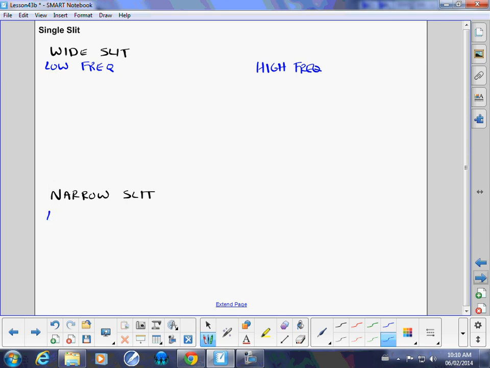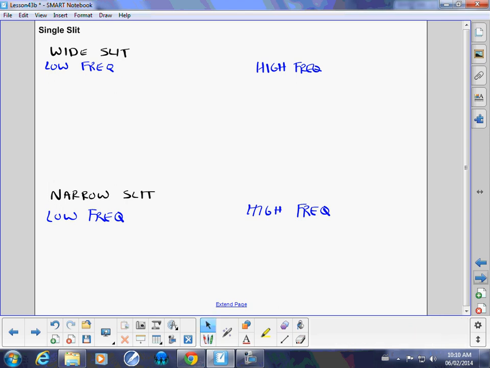We're going to do that for both the wide and narrow slit. Each one behaves a little bit different. So there's what our 4 diagram categories are going to be here. So low and a high frequency for the wide and narrow slit.